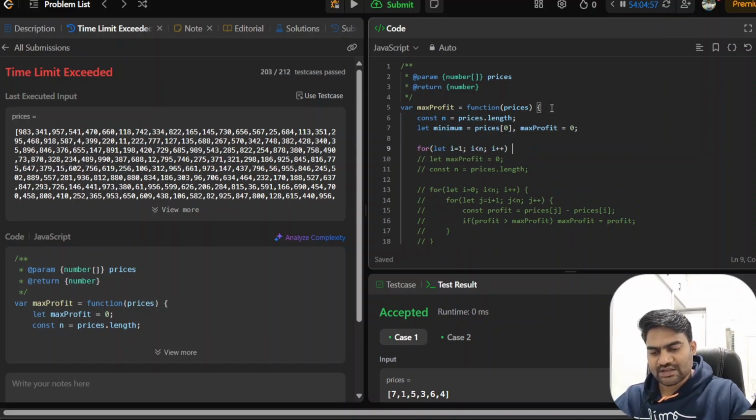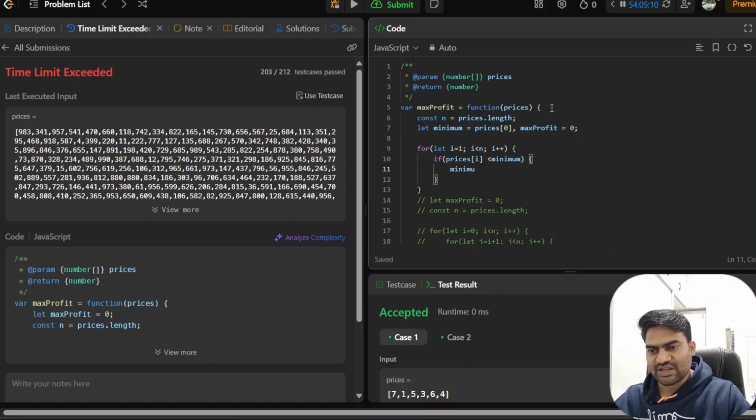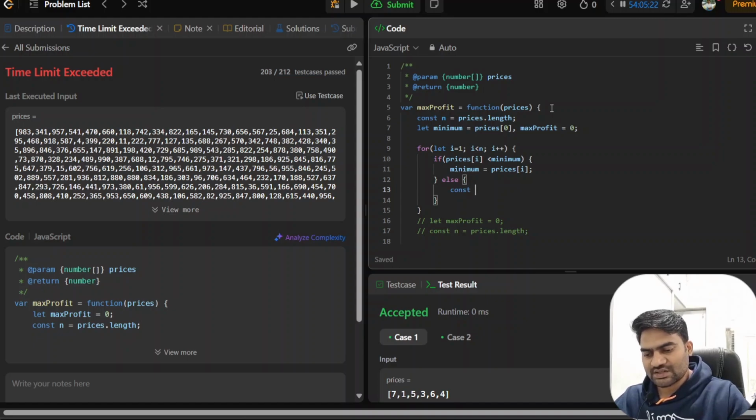Now let's use a for loop, for let i equal to 1, i less than n, i plus plus. Then what I will do, if my prices of i is less than minimum, then I will simply update my minimum. So it will be prices of i. If that is not the case, in the else part, I will find the profit, const profit equal to prices of i minus my minimum.